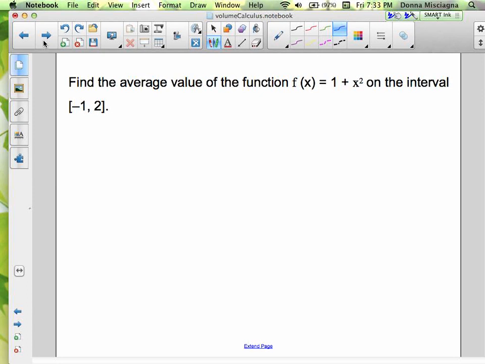The average is what we get when we multiply by the change in x, which is going to be 1 divided by 2 minus -1, your upper limit minus your lower. And we're going to integrate 1 plus x squared. Don't forget your dx. And this is going to be evaluated from -1 to 2. Let's simplify that. It's just 1/3. And we're going to integrate. And this is a nice, easy integration.